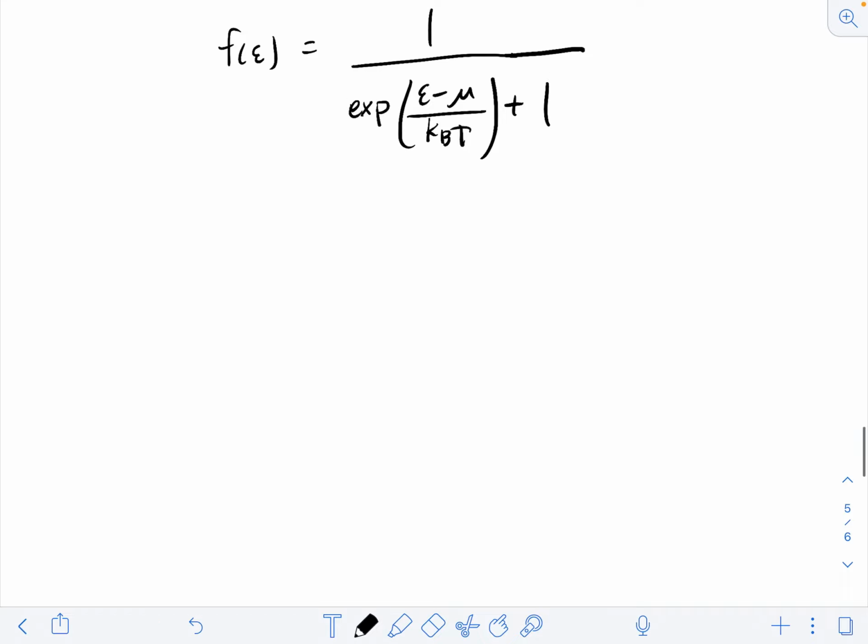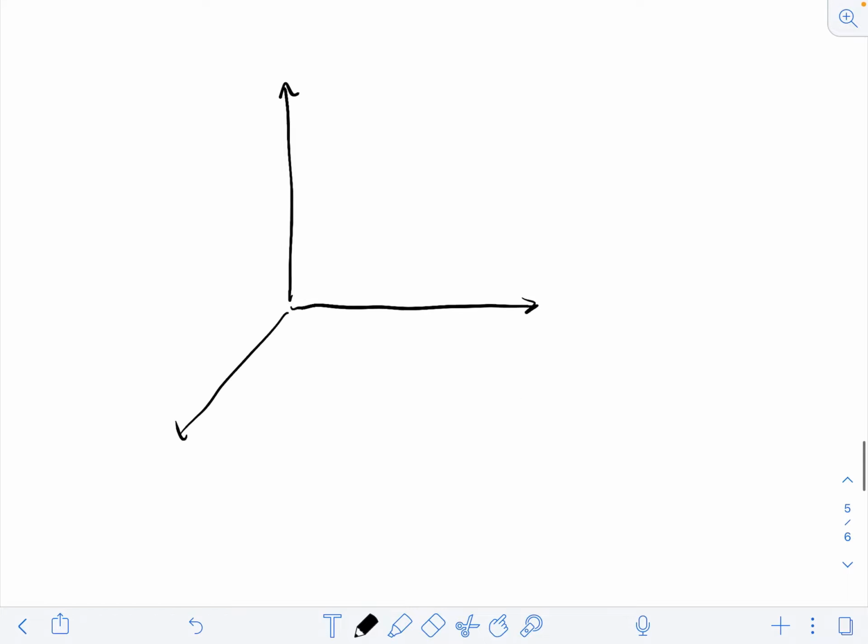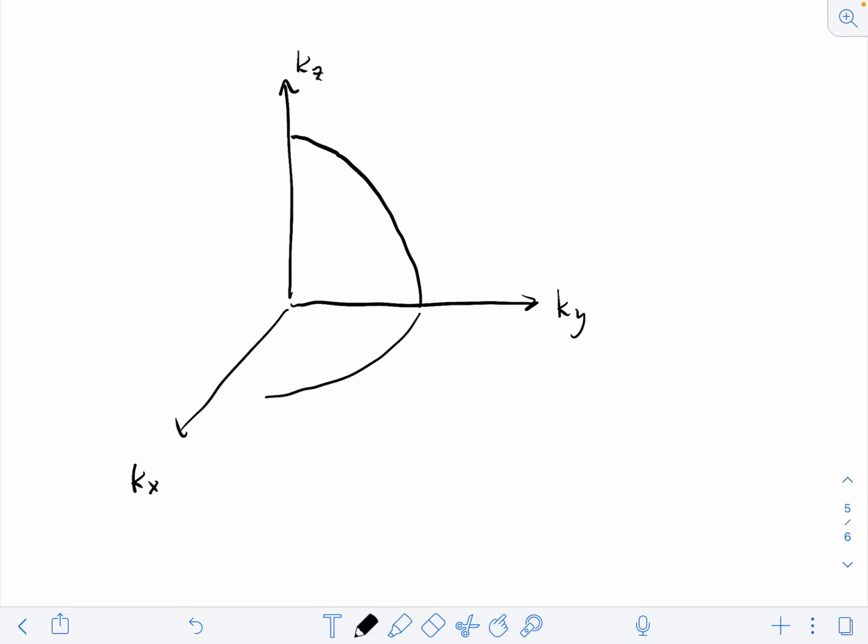So something else we thought about last time as well was this idea of the Fermi sphere, where we had, remember, this k-space with states along kx, ky and kz. At low temperature, we fill all those low energy states, crowding around the origin, and we form this 1/8 of a sphere.